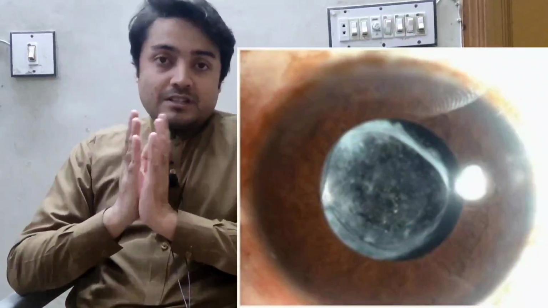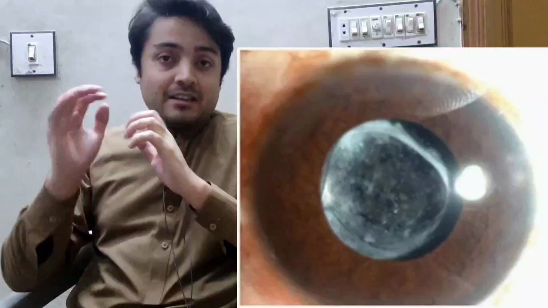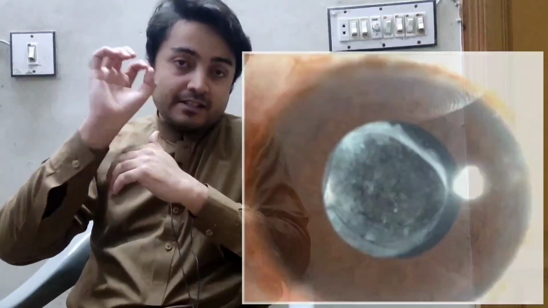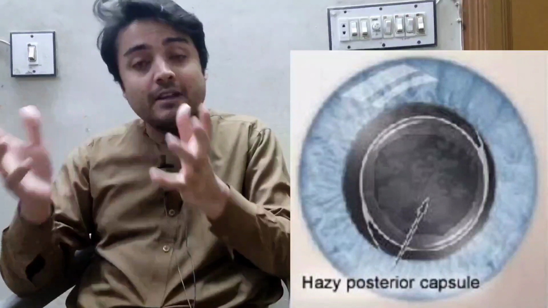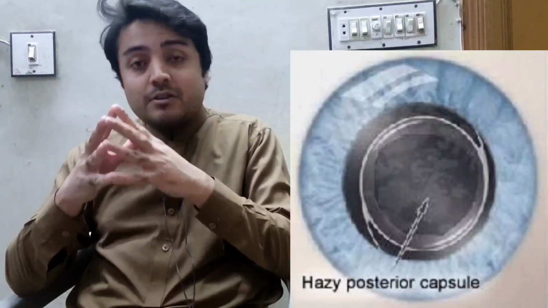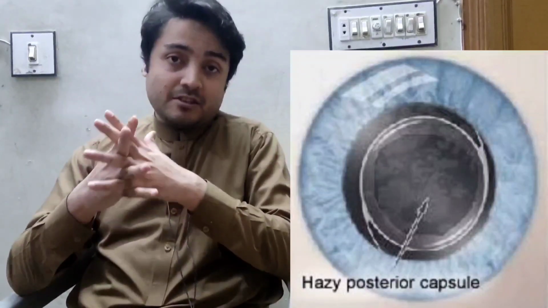In this image you can see the opacities as seen through a slit lamp, and this again hinders the light, and the light rays cannot pass through it, and then the person will again have the same symptoms like cataract, due to which he will say, Doctor, my cataract is coming back. But it's not cataract, these are basically the posterior capsular opacities that are responsible for this change in vision.